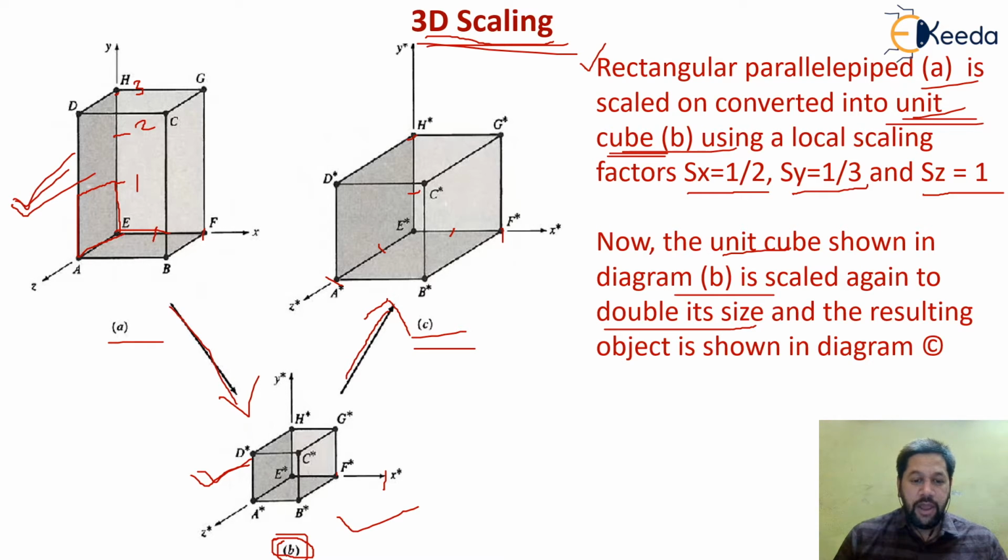Whereas the transformation of the unit cube B into C, I call overall scaling. In all directions I scale the object, and I want to double its size. This will clear your concept of what is meant by 3-dimensional scaling.